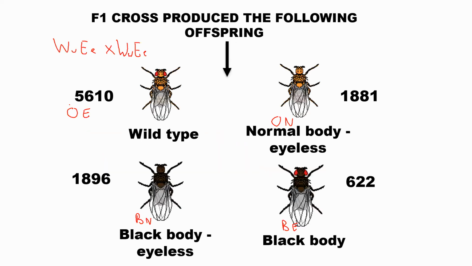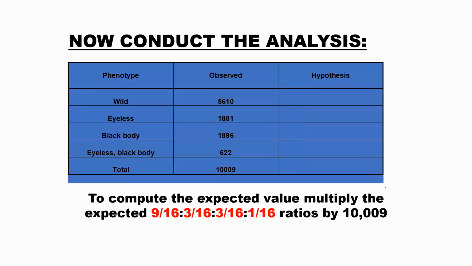So the question is now, are these numbers indicative of a 9:3:3:1 ratio? So that's what we're going to do now. So here we have the table. We have a total number of 10,009, right?